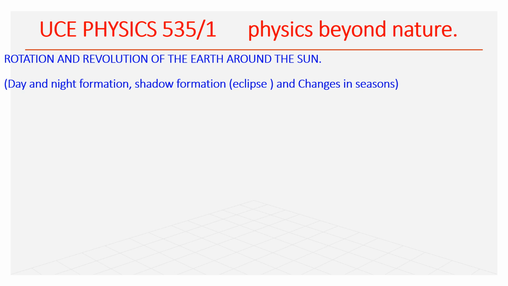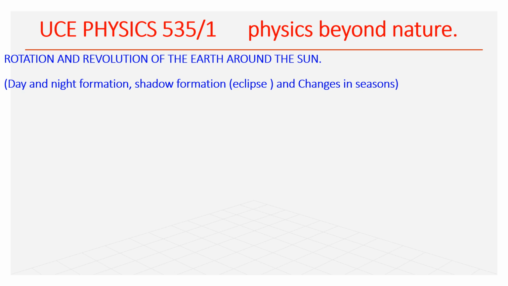And also we shall look at the day and night formation, shadow formation, what we call the eclipse, and the changes in seasons. Now day and night is as a result of rotation of the Earth on its tilted axis, and that axis is approximately 23.5 degrees.